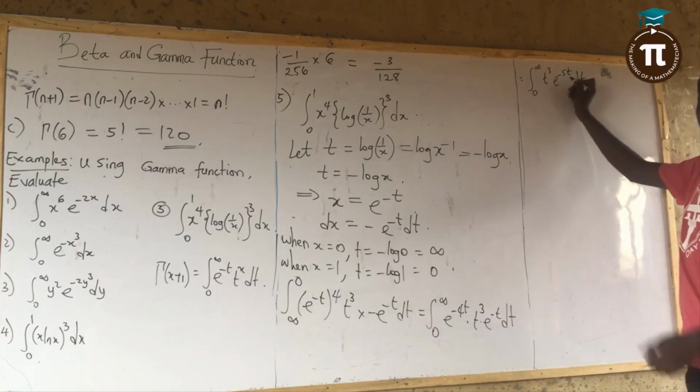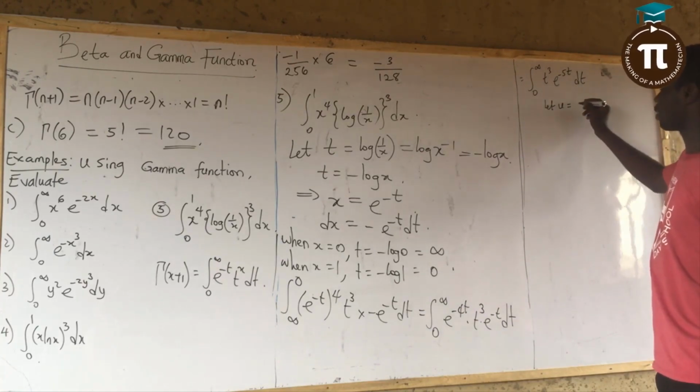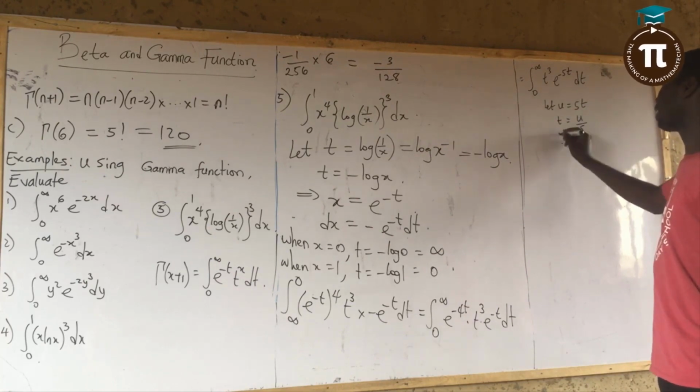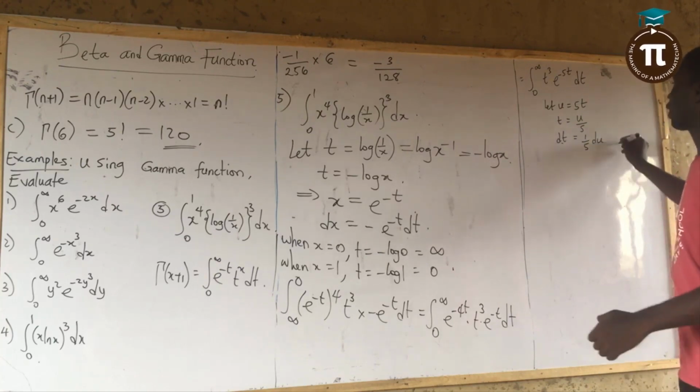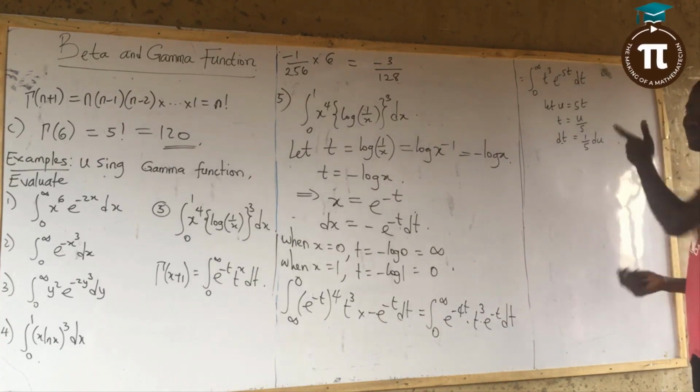Again, this is not raised to power t only. So let u be equal to 5t. So t will be equal to u over 5, and dt will be 1 over 5 du. When t is 0, u is 0. When t is infinity, u will also be infinity.